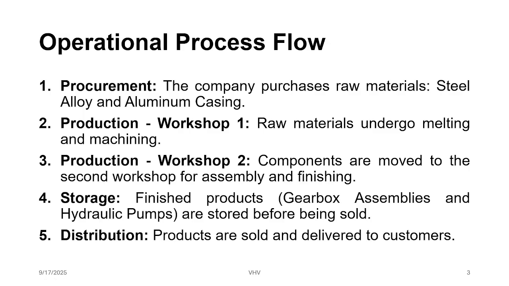Let's start. First, we have to look at the operational process flow of the company. First, we have procurement. This is where the company buys its essential raw materials: steel alloy and aluminum casing. Next, these materials enter production workshop number 1.